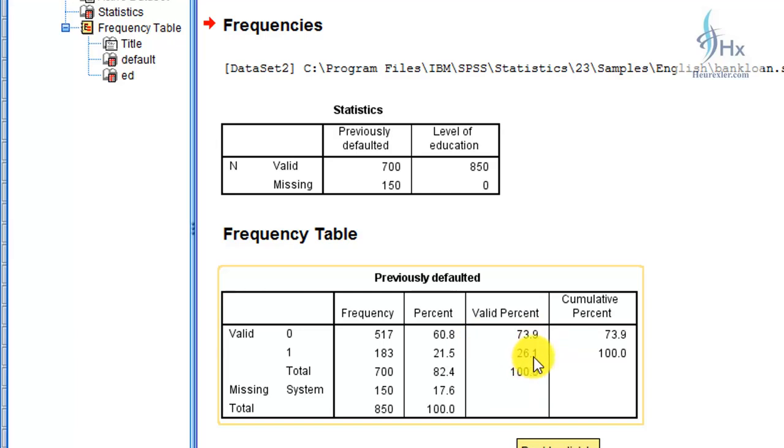So it is giving us a picture that around a quarter of individuals who apply for loans turn into defaulters, while the rest are non-defaulters, around 74%. That's how we get a descriptive picture of our data set, and these are the cumulative percentages. First is 73.9%, second is 73.9 plus 26.1, which is equal to 100%.